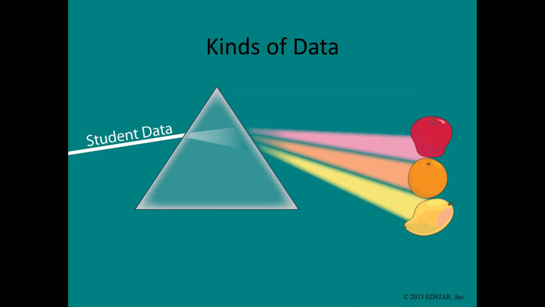What we did in our data academies is we would teach educators to differentiate between different types of data, and we gave them icons to make it easier to understand. We used apples for mutable, intervention-sensitive data, oranges for immutable characteristics, and mangoes for policy-related data.